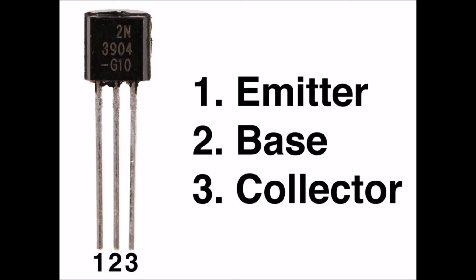Alpha cutoff frequency. Suppose that we operate a bipolar transistor as a current amplifier, and we deliver an input signal to it at 1 kilohertz. Then we steadily increase the input signal frequency so that the value of alpha declines.